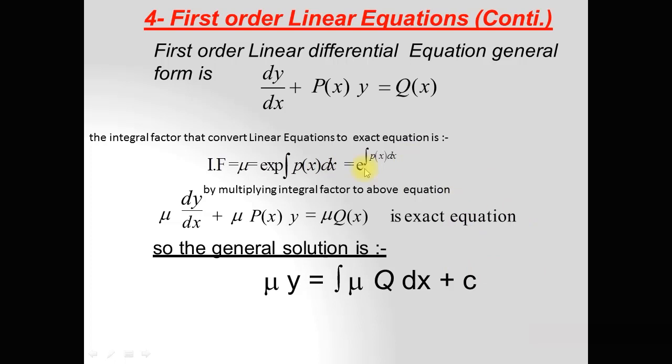Easily we can find the solution of a linear differential equation after finding the integrating factor by using this formula: integrating factor, suppose the integrating factor is represented by mu, integrating factor multiplied by the dependent variable is equal to integration of the product of integrating factor and the Q function with respect to x plus c.